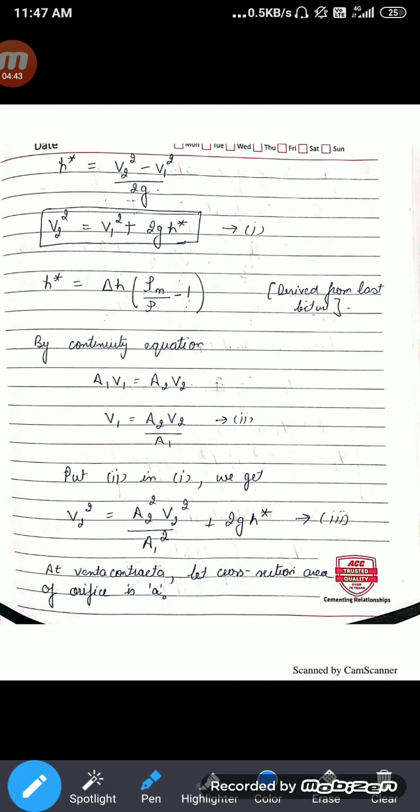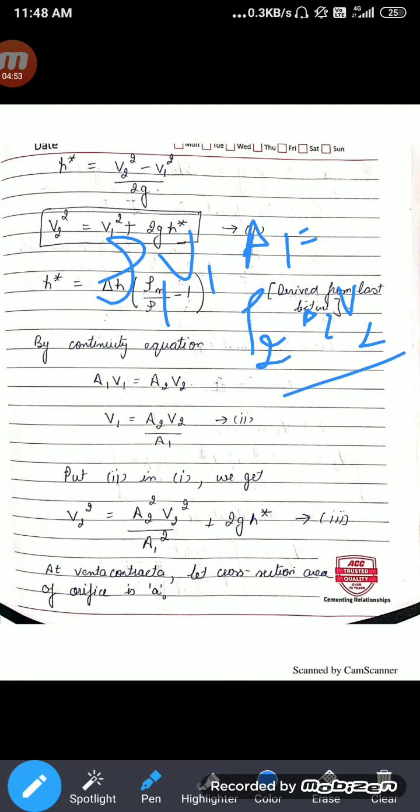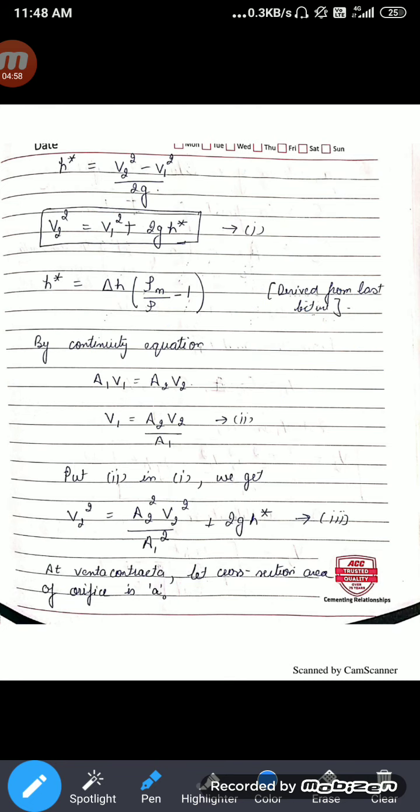Now applying the continuity equation: rho 1 A1 V1 equals rho 2 A2 V2. In the pipe the same fluid is flowing throughout, so the density remains the same, and from the continuity equation we get A1 V1 equals A2 V2.